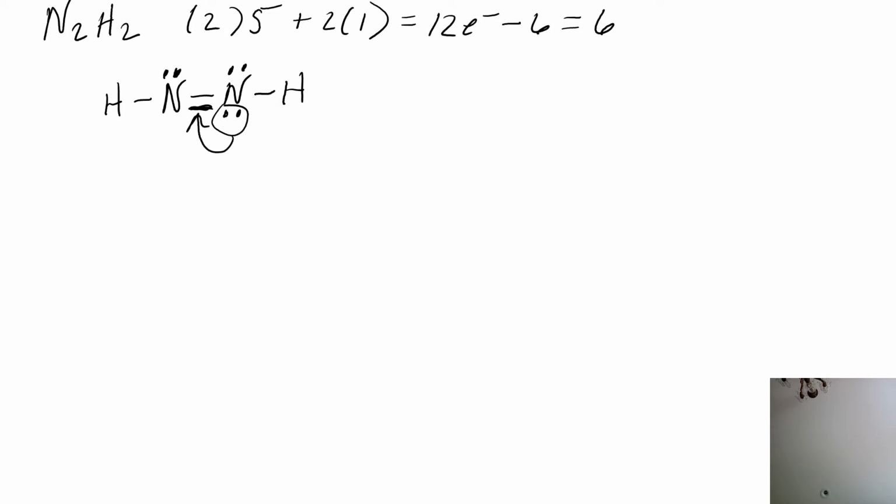I'm going to draw this structure again to hopefully somewhat reflect the geometry. Remember the preferred bonding pattern for nitrogen is 3 bonds and a lone pair of electrons.